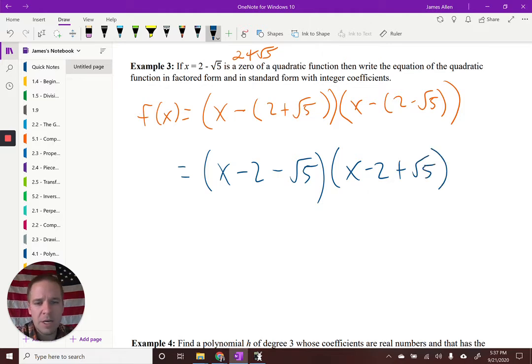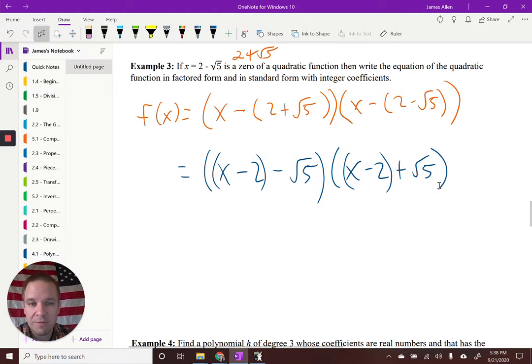Okay, so I've taken care of the inner parentheses. Now what I want to do is notice how we have an x minus 2 in each one of these factors. What I can do is I can actually group these two and these two. And now what I see is something minus root 5 and something plus root 5.